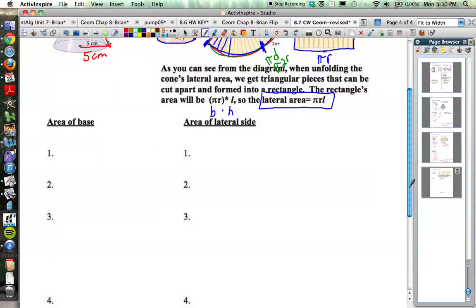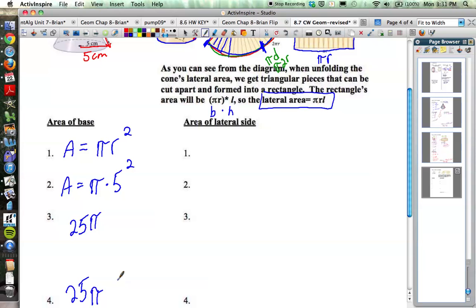All right, let's actually get to calculating the area of the base and the lateral side. The area of the base is a circle, so pi r squared. The radius was 5, so pi times 5 squared, so 25 pi, and I'll just put that down here, 25 pi square centimeters. And then let's look at the area of the lateral side.